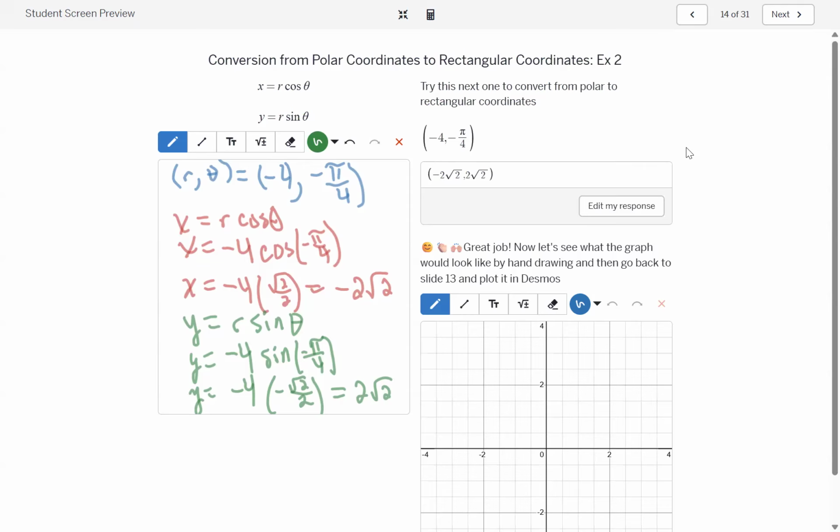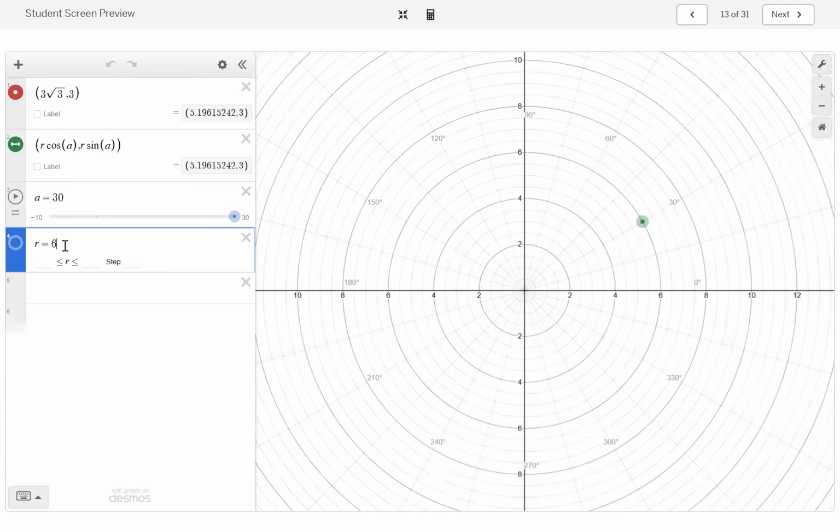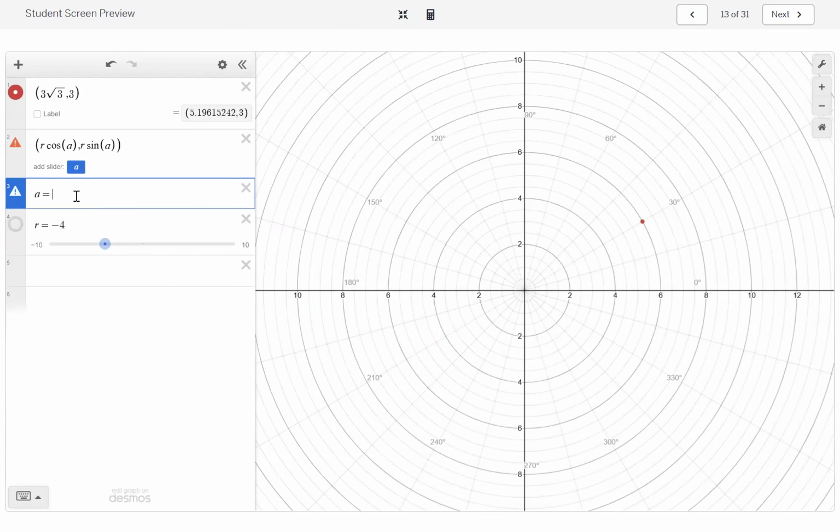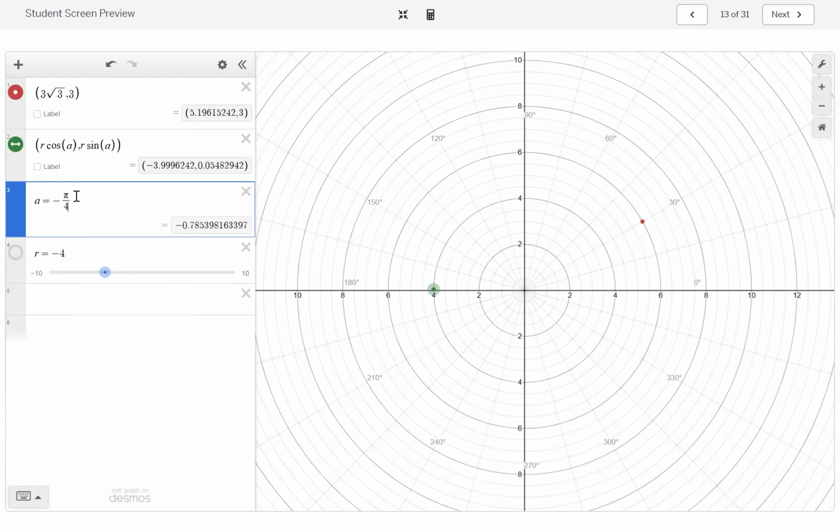All right, now we're going to plot this point. So we can go back a slide and use Desmos to plot it. I'm going to type in a radius of negative 4. And I'm going to type in an angle of negative pi over 4. No, that's not right.